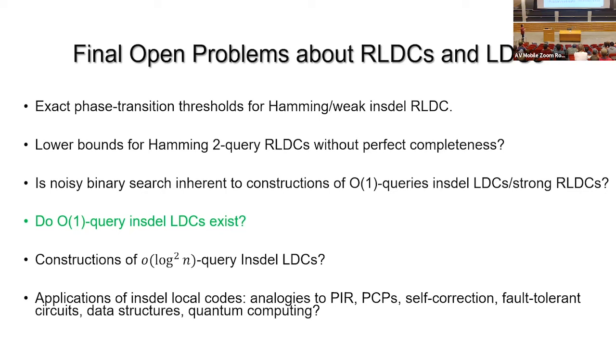Finally, there are many applications of Hamming RLDCs, like private information retrieval schemes, PCPs, self-correction, and so on. Can one come up with significant or interesting applications of INSDEL LDCs? That's all I want to say. Thank you.